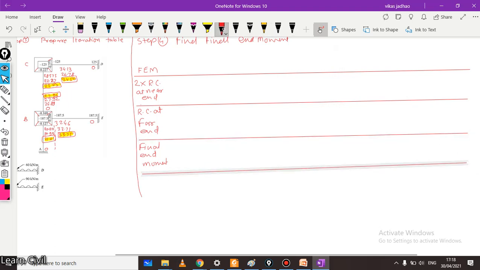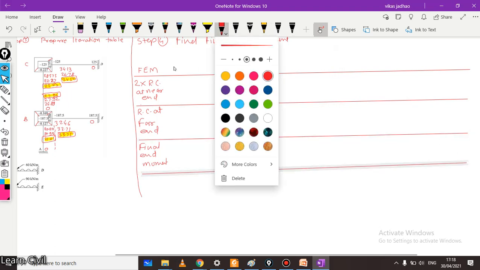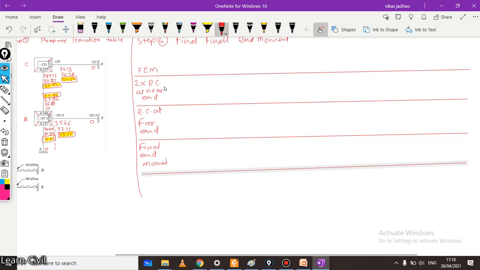So row number 1 is fixed end moment, row number 2 is 2 into rotation contribution at near end, row number 3 is rotation contribution at far end, and row number 4 is final end moment.